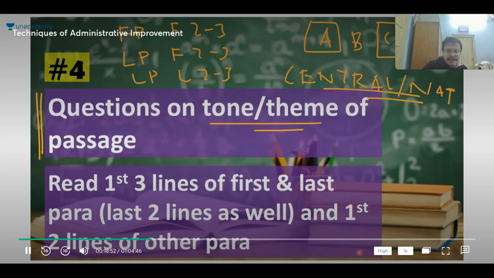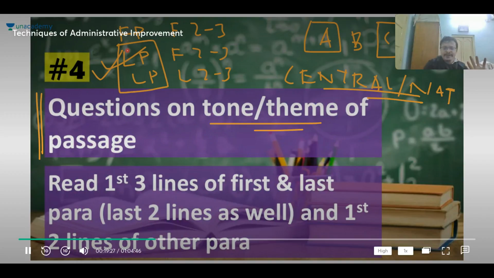At any point of time, in case the first part and the last part are contradicting, always give your priority to the last para. Because remember, the last para is where the author has got his final chance to convey what he wants to say. Irrespective of how much he wants to digress during his writing, at the end, he must provide his own opinion. In fact, that is the way you're asked to write essays as well.